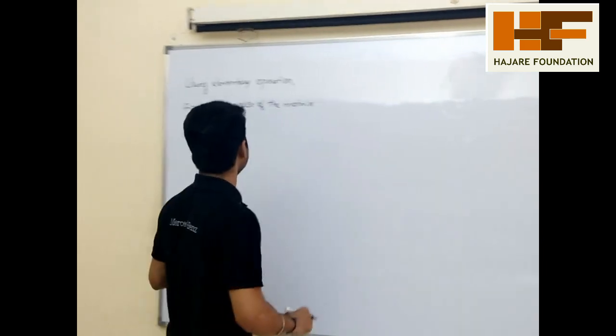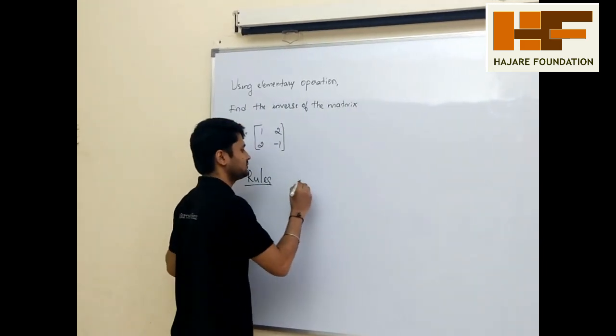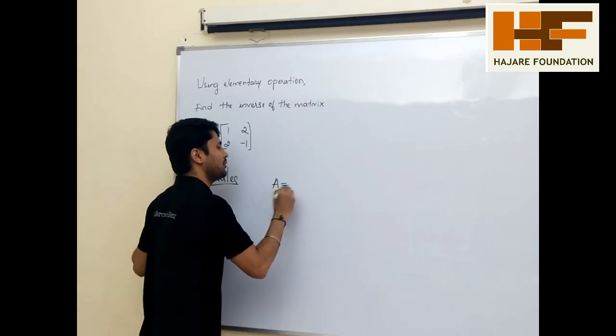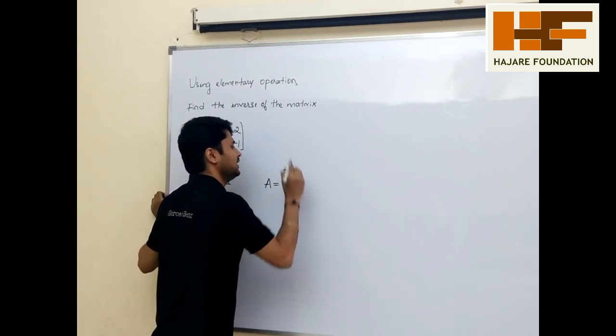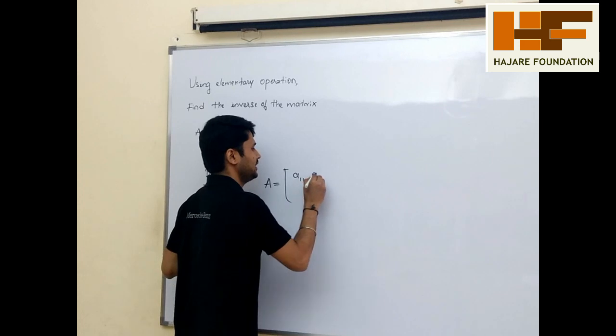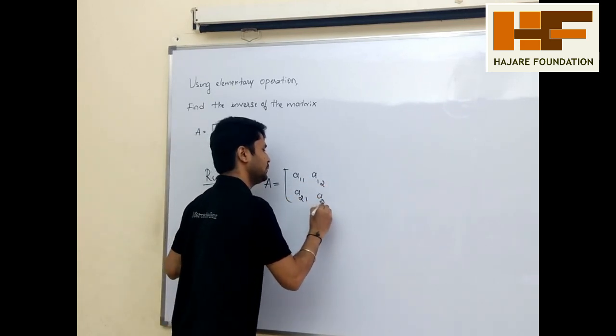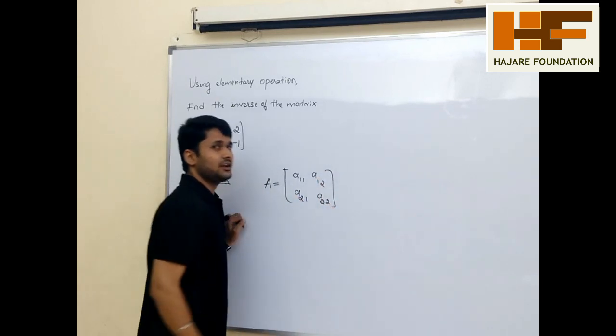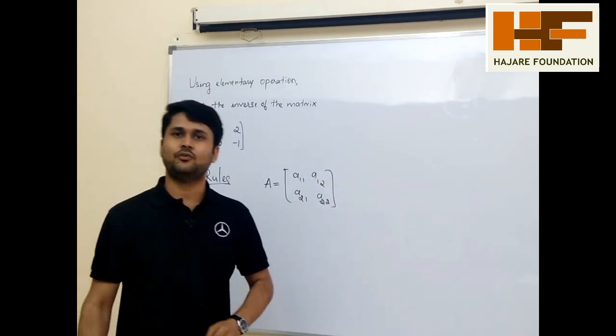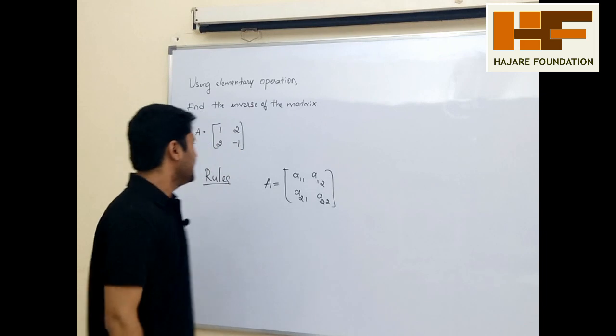What is the first rule? I am considering here the generalized form of the given matrix. Already you know A11, A12, A21, A22. This is the general form of a given matrix of order 2 by 2.